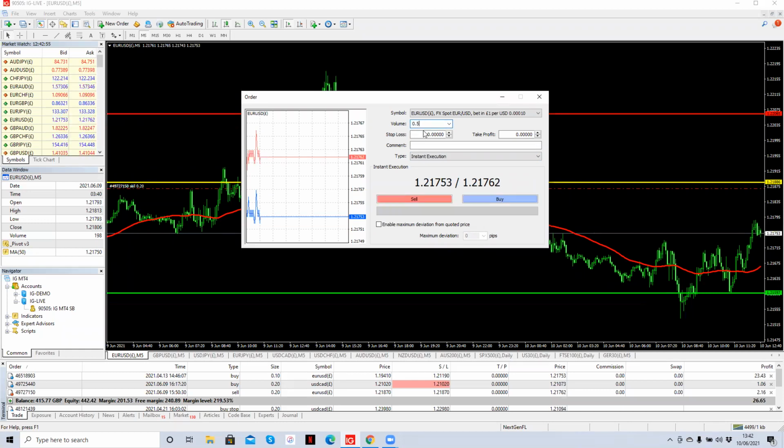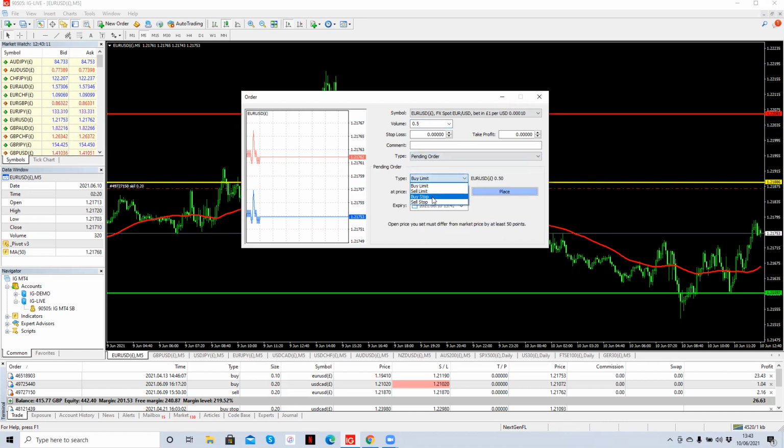So let's do that. The pivot point is 1.21886. I'll round that up to 1.2189. Plus 2 pips would be 1.2191. So 89 plus 2 is 91.